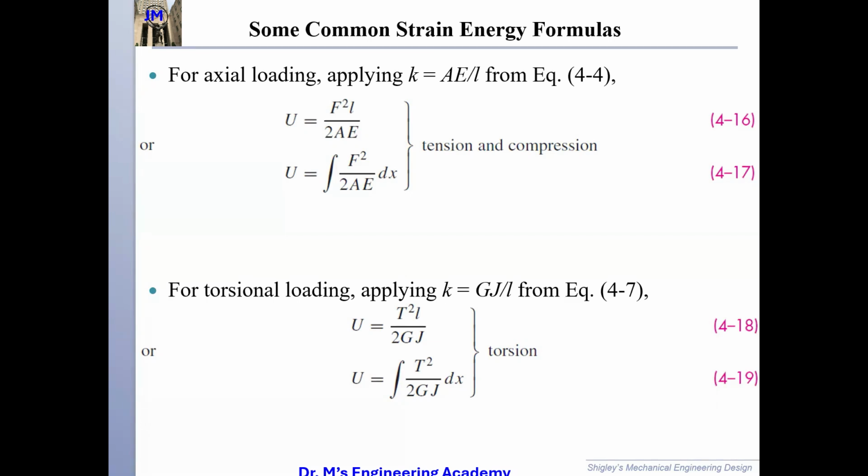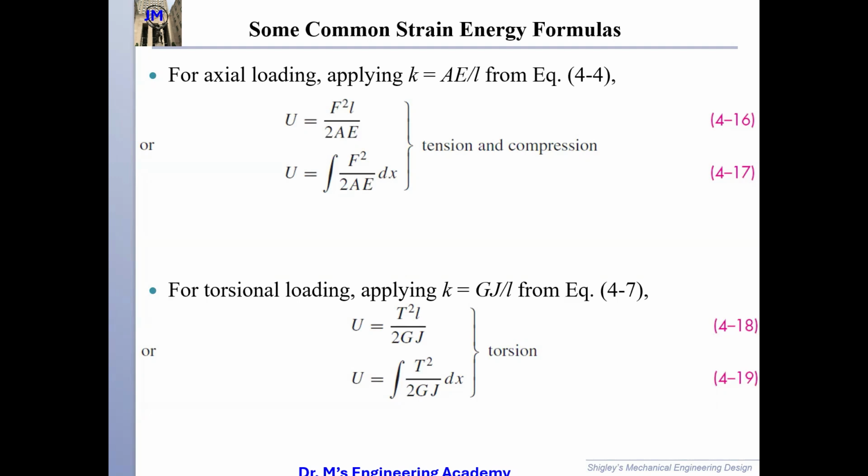Okay. So for torsional loading, if you apply the torque onto this beam, how do you calculate the strain energy? We use two equations. This one is for J constant, where J is the polar moment of inertia. That means the cross-sectional area is constant throughout this beam. And this one is for J a function of x.